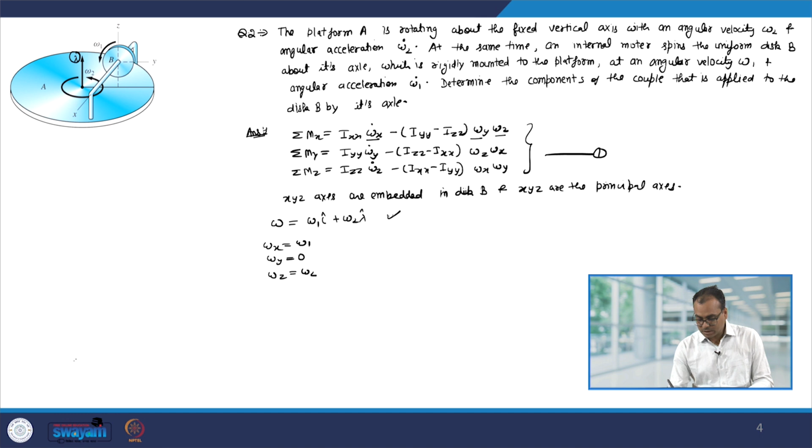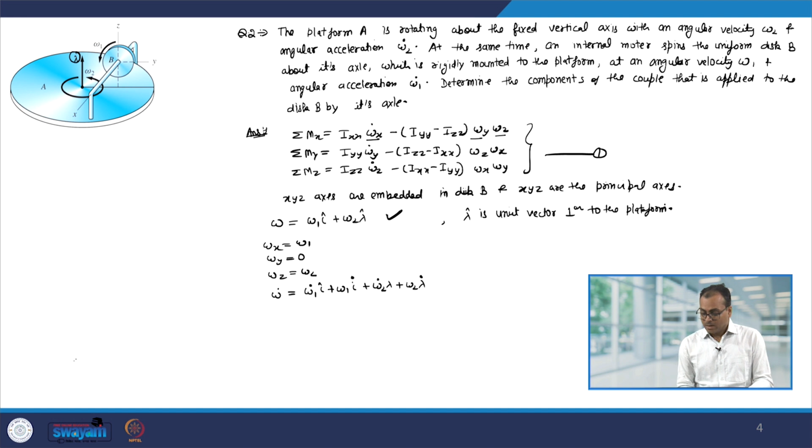So, let us differentiate this equation: omega dot is omega 1 dot i plus omega 1 i dot plus omega 2 dot lambda plus omega 2 lambda dot.